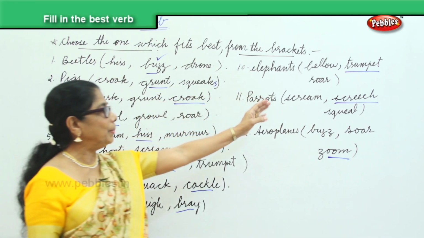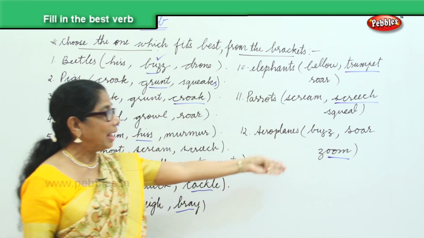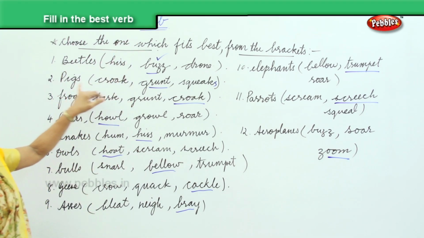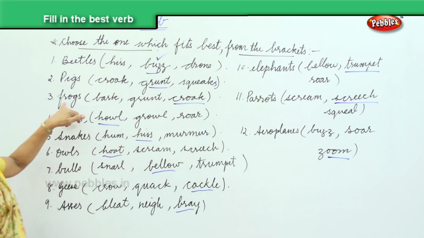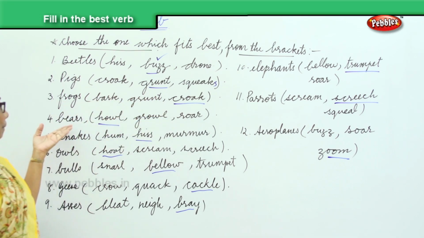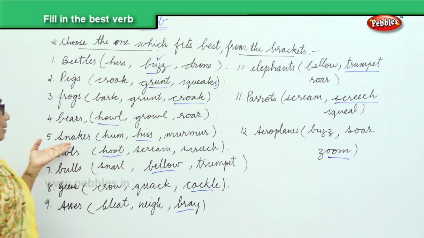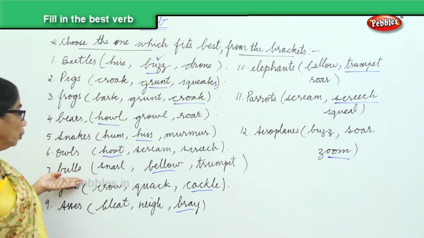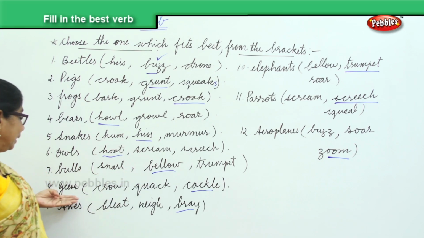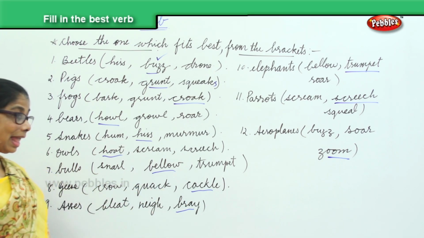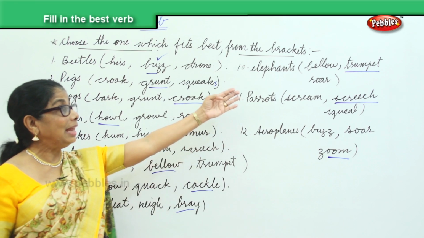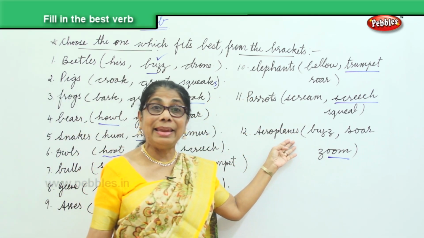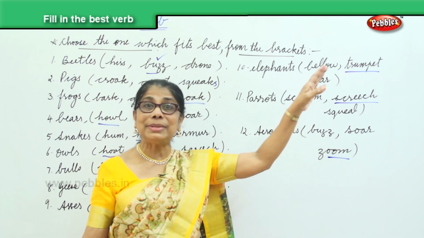Elephants trumpet, parrots screech, airplane zooms, beetles buzz, pigs grunt, frogs croak, bears howl, snakes hiss, owls hoot, bulls bellow, geese cackle, asses bray, elephants trumpet, parrots screech, and airplane zooms in the sky.